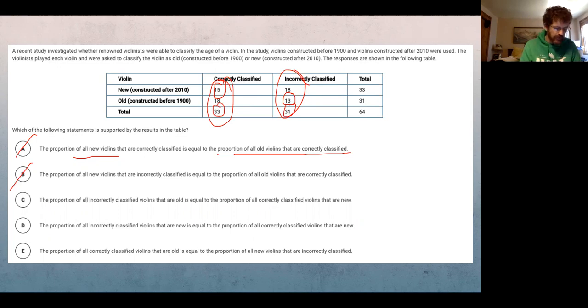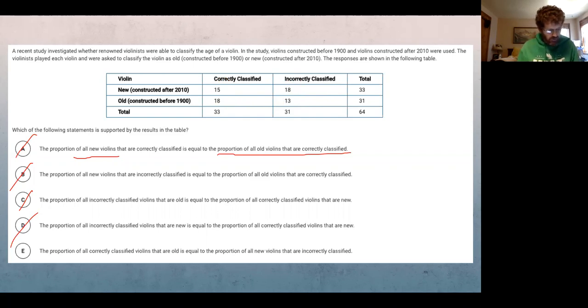The next one, the proportion of all incorrectly classified violins that are new, 18 out of 31, is equal to the proportion of all correctly classified violins that are new, 15 out of 33. Those proportions are not equivalent. So it better be this last one or else we made a mistake. Spoilers, it's the last one.